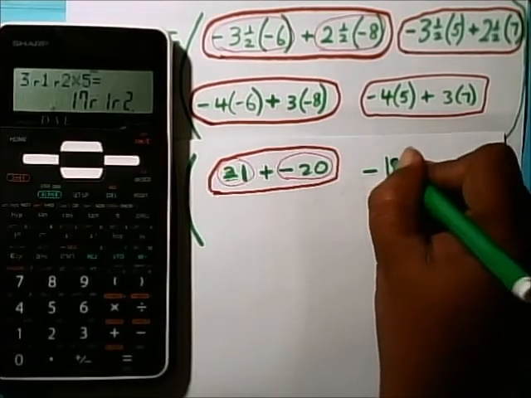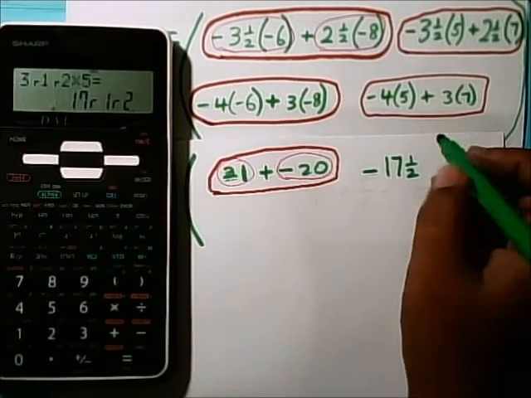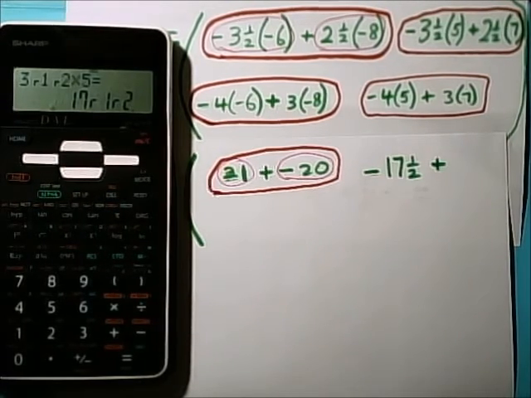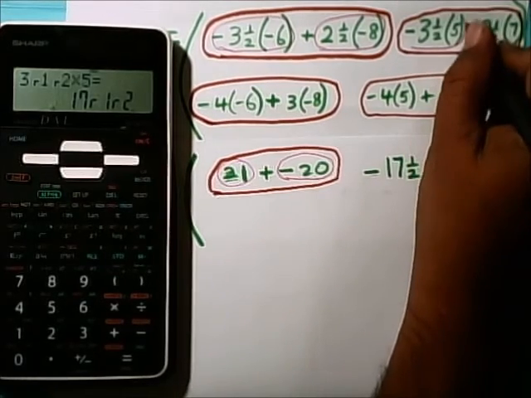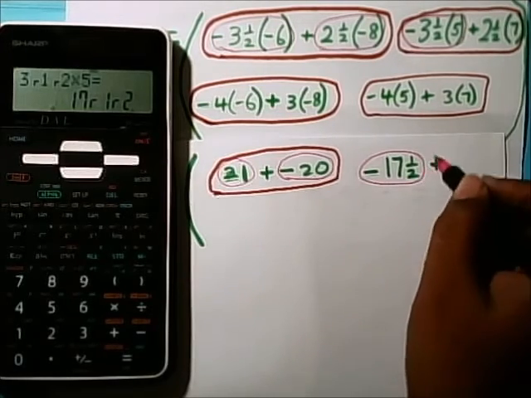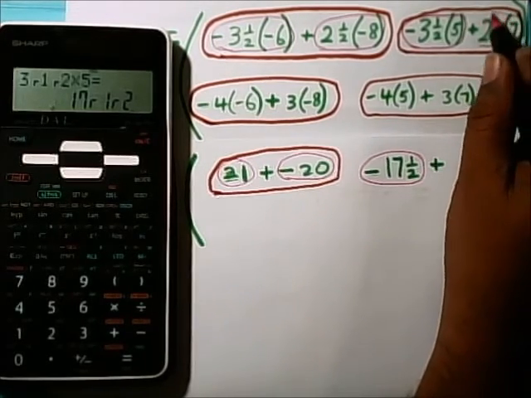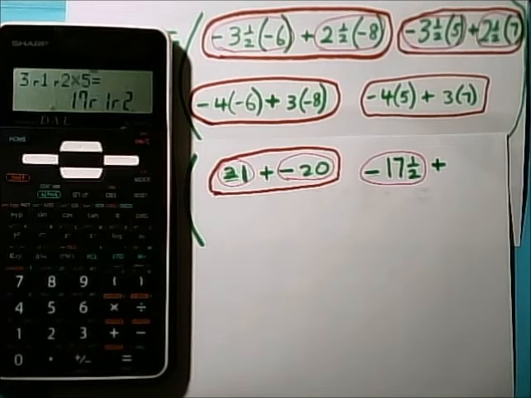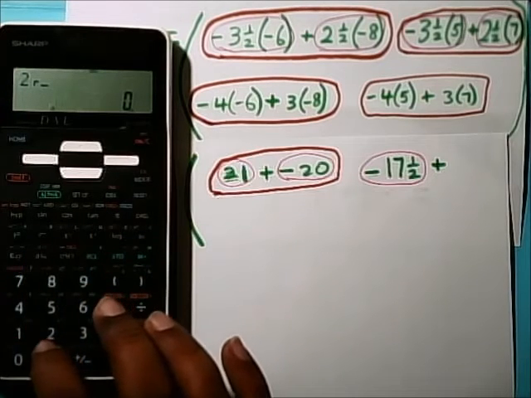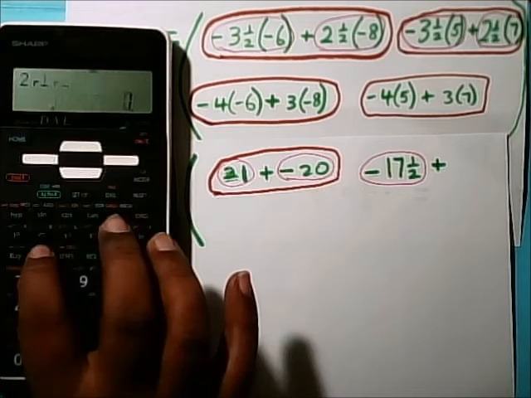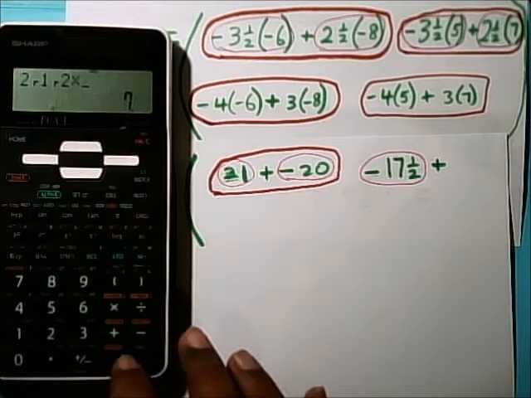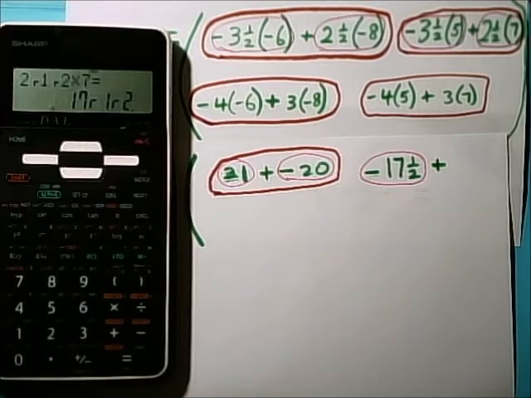So I have negative 17.5 added to, keeping track, this little piece, and that's what we get here. Now we're going to work out this piece, 2.5 times 7. With the fraction button, 2 fraction 1 fraction 2, is 2.5 times 7, and you get 17.5.